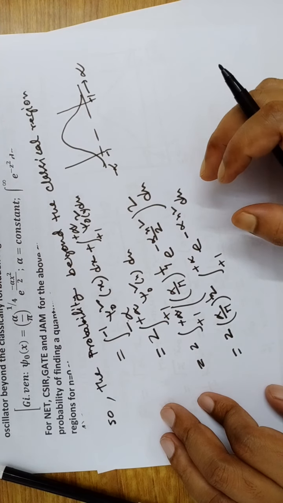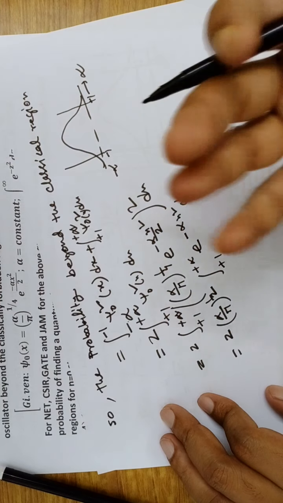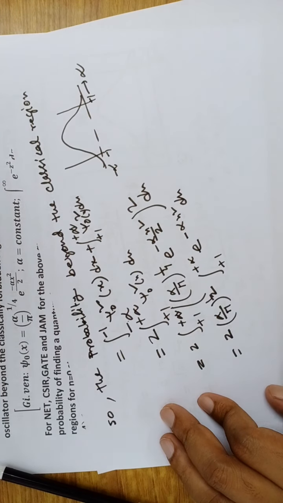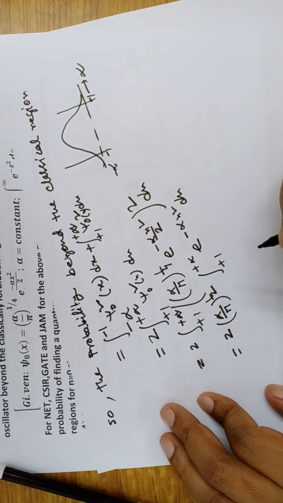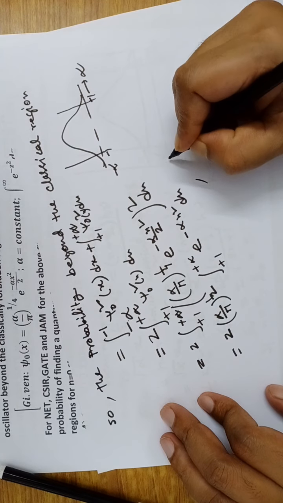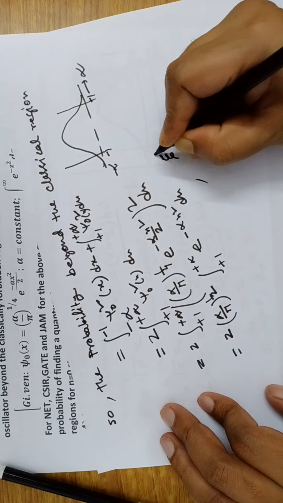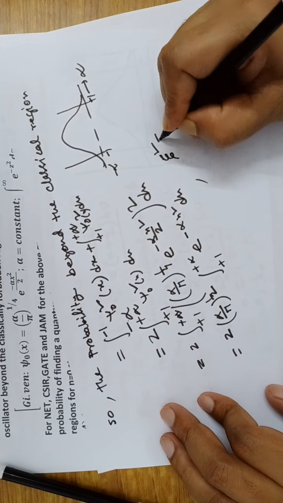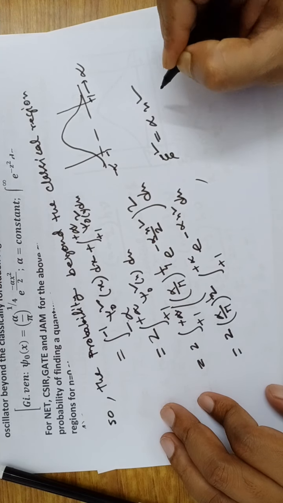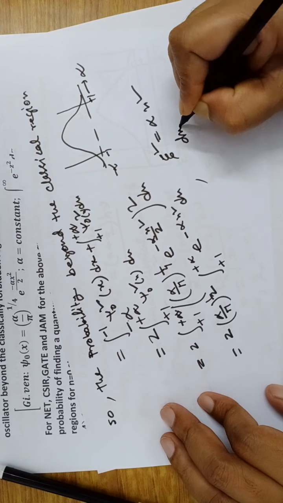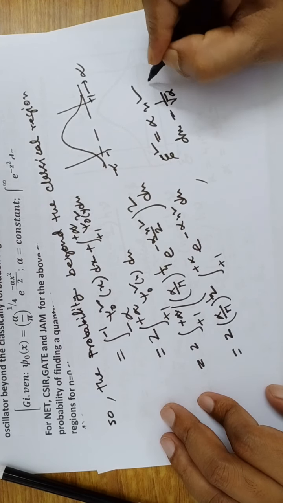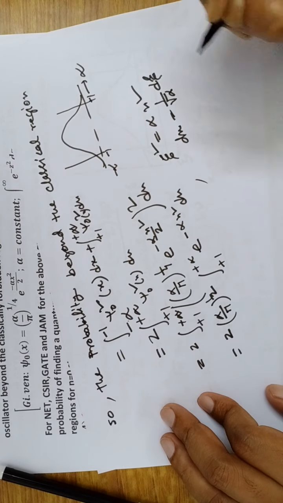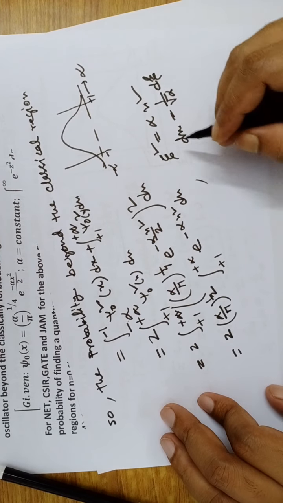And we know the integration value, how can we get it? Now if we expand this in this way, zeta square equal to alpha x square, then dx equal to 1 by root alpha d zeta, the derivative of this.